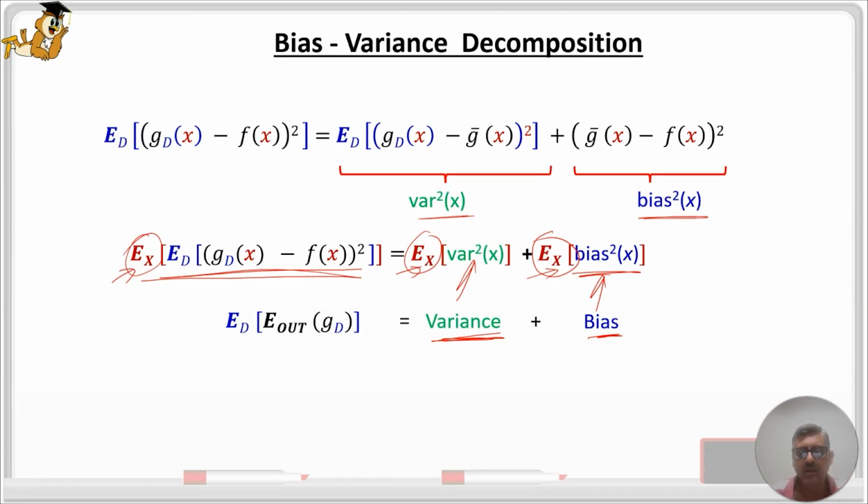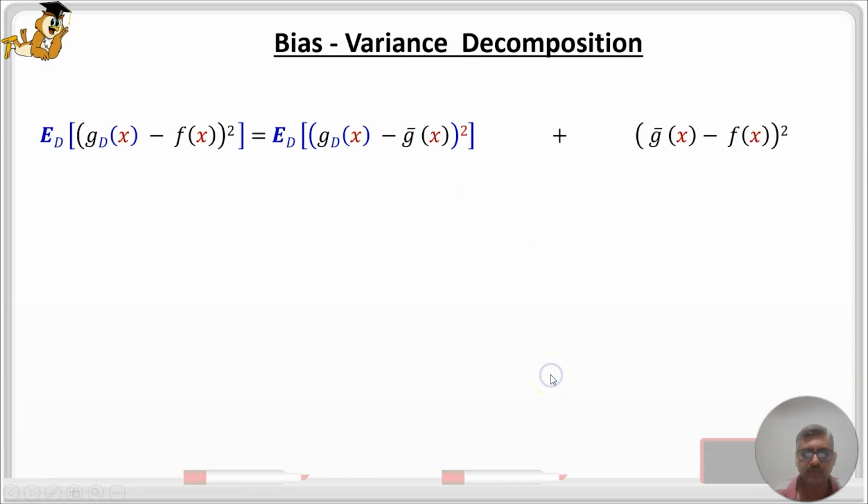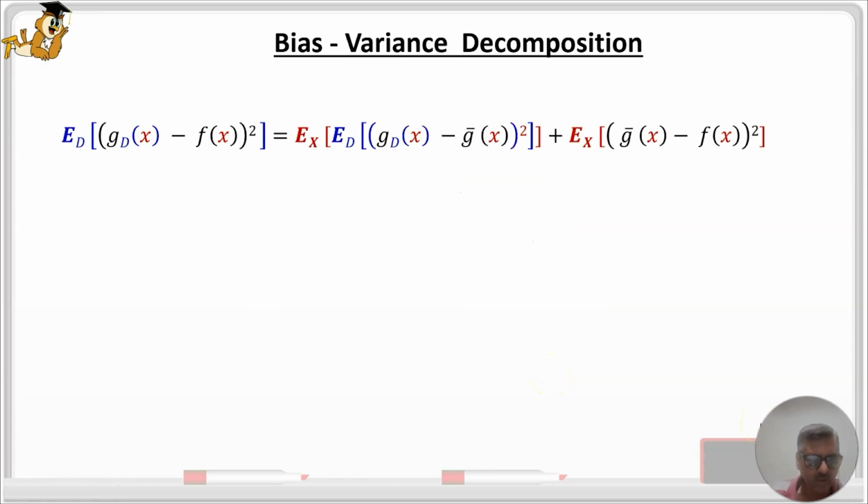Okay. Let us now relate it to what we had done earlier before we jumped into the mathematical equations, and see that it is pretty much the same thing that we have been talking about. So this is what we had, with the expected value over x, which calculates the mean over all the input space of this quantity, equal to this plus this.